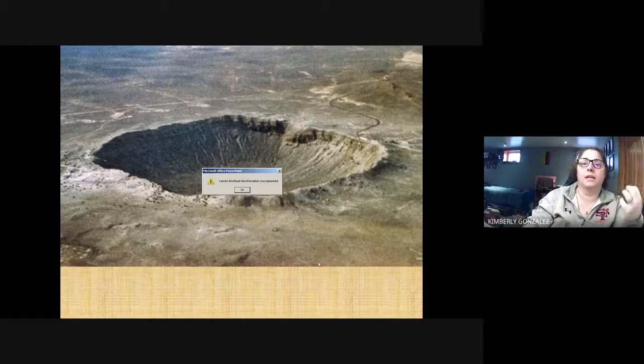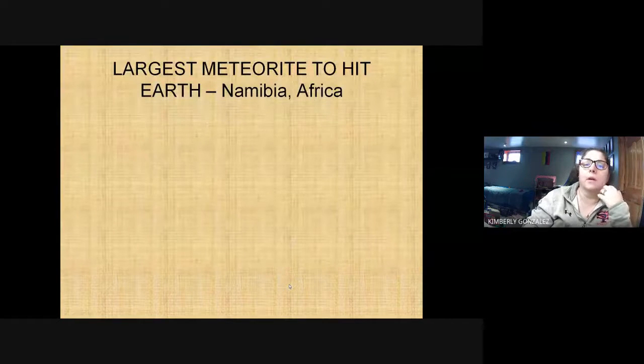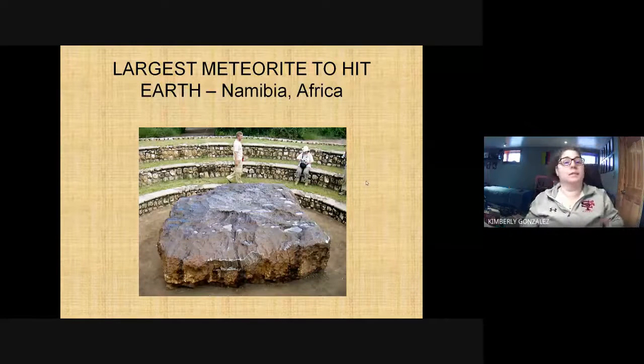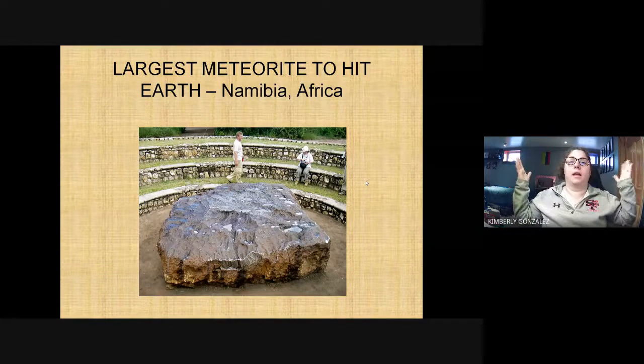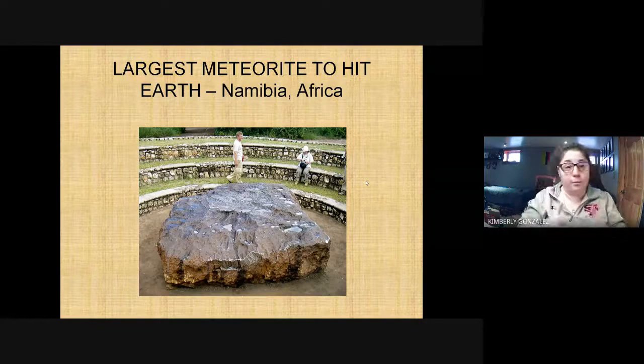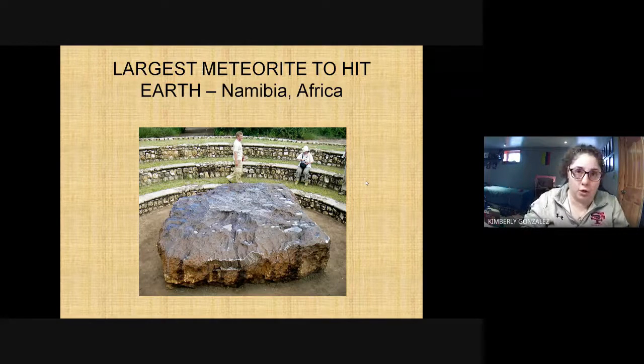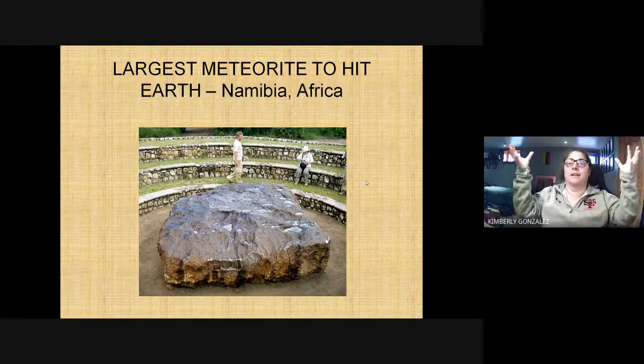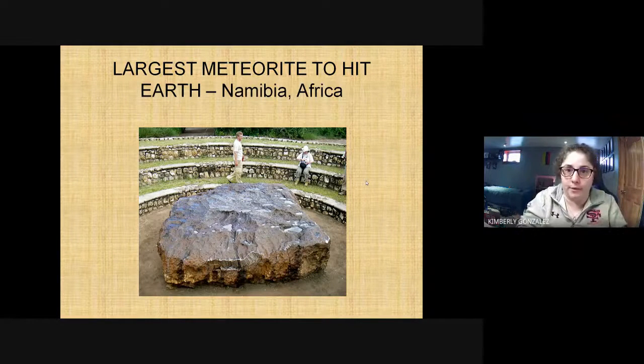The thing is that in order for this chunk of rock to hit us, it has to go through the atmosphere, not completely burn up, and hit Earth. The largest meteorite to actually hit Earth is in Africa. That might have been double or triple the size before it hit Earth because it had to get through our atmosphere and burn up.